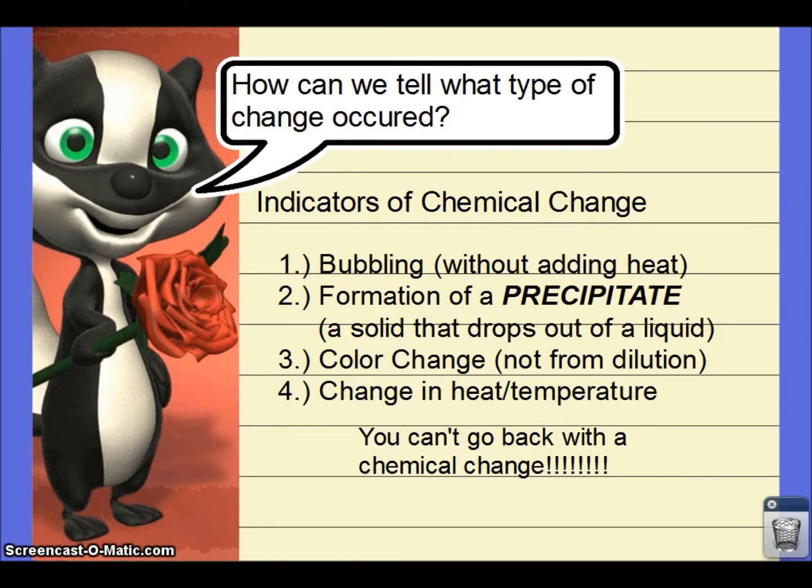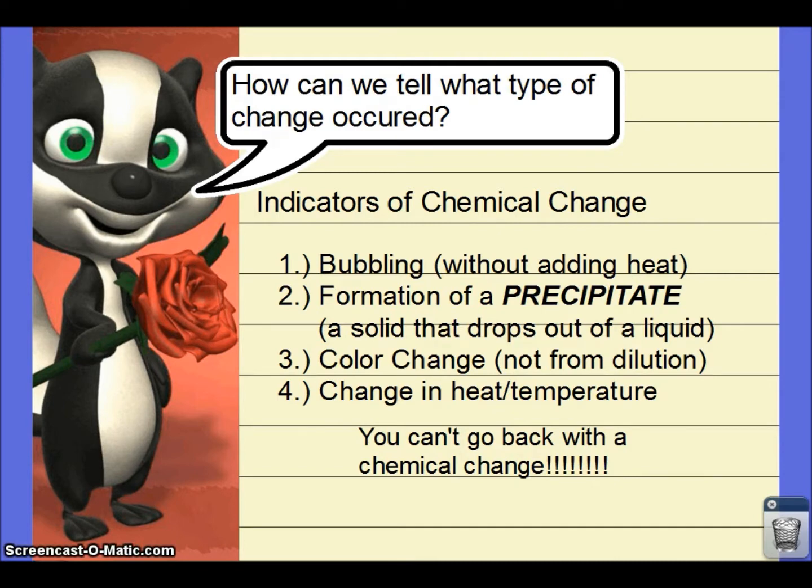Bubbling means formation of a gas, without adding heat. Formation of a precipitate: you start with two liquids and a solid is formed. Color change: you did not dilute it or add more water to make it lighter, and you just see suddenly a change in color.